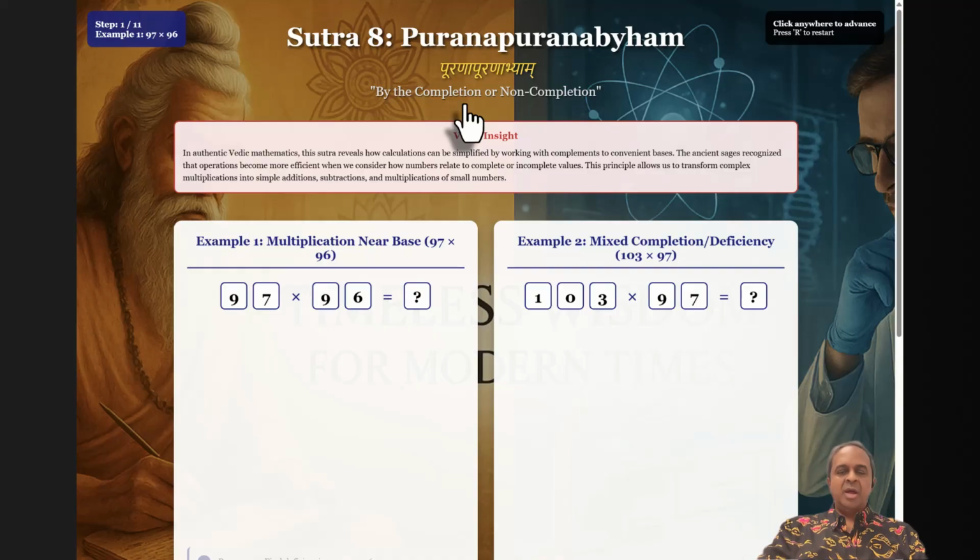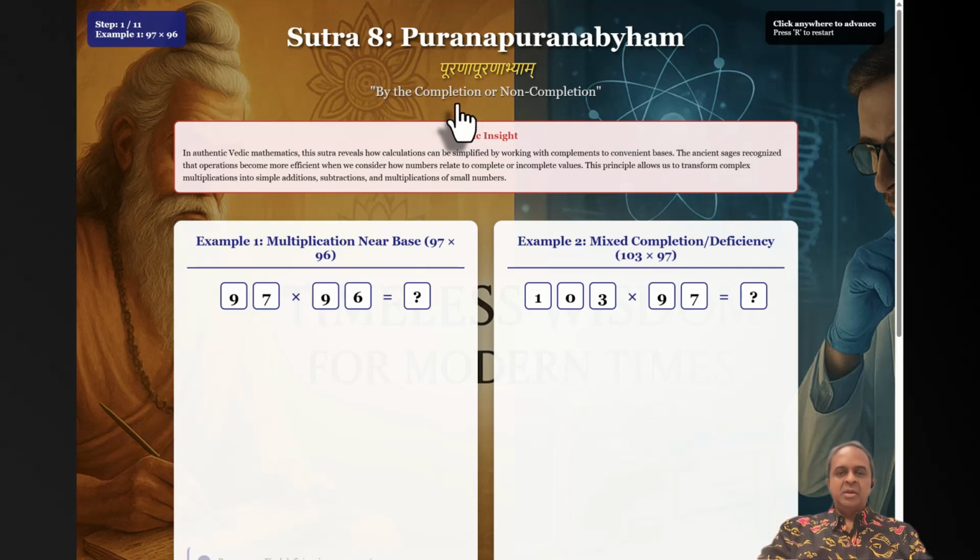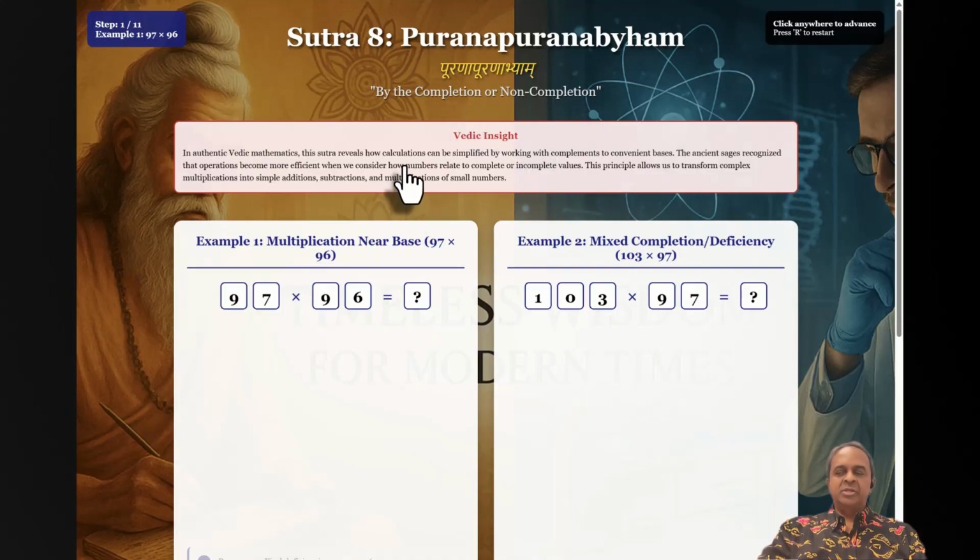Right. So this sutra provides an elegant method of multiplication by working with numbers close to a convenient base and using the concepts of completion or non-completion, or deficiency. In authentic Vedic mathematics, this sutra reveals how calculations can be simplified by working with complements of convenient bases.